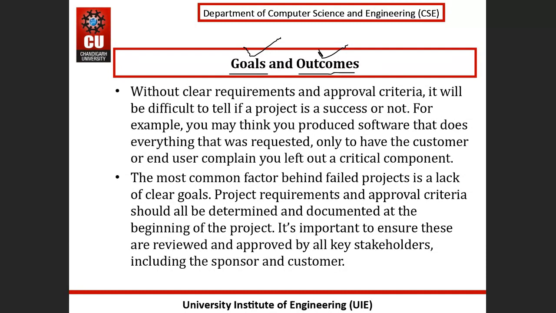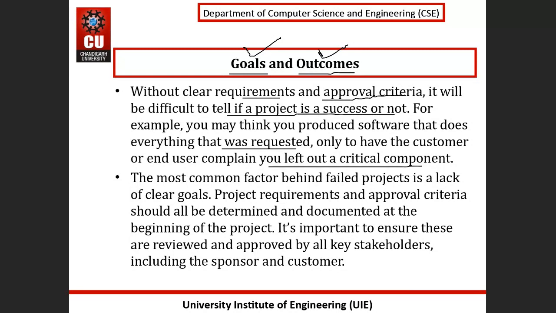So without clear requirements and approval criteria, it will be difficult to tell if a project is a success or not. So requirements and approval criteria should be clear in the very first stage. For example, you may think you produced software that does everything that was requested, only to have the customer or end user complain that you left out a critical component.